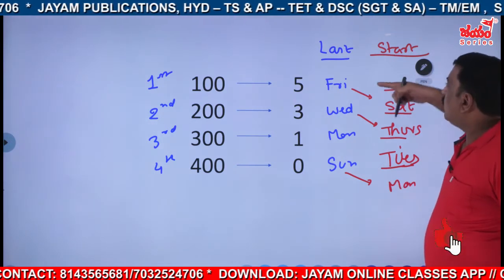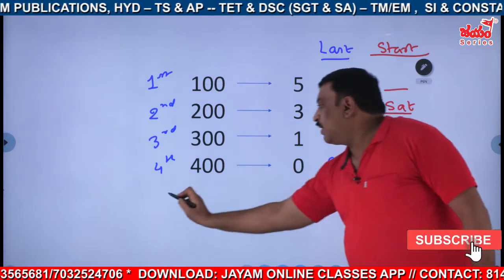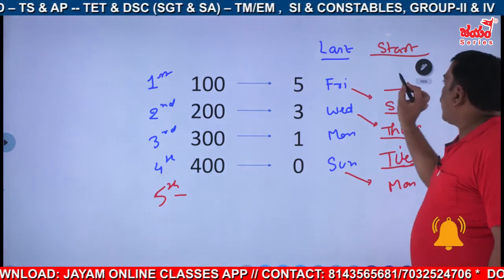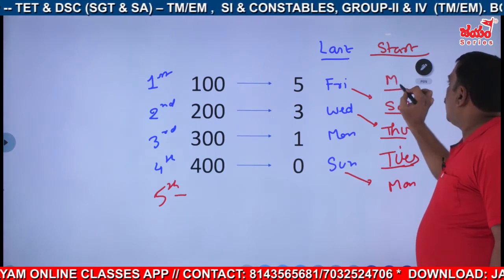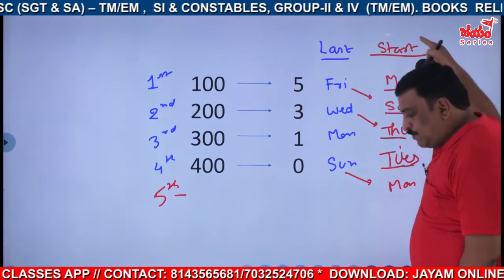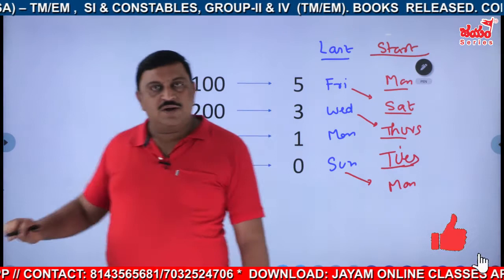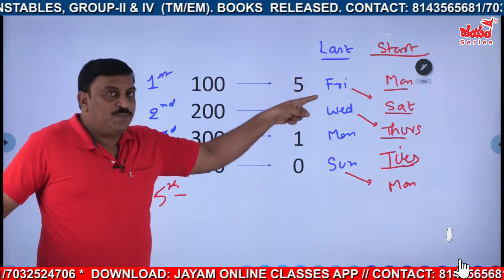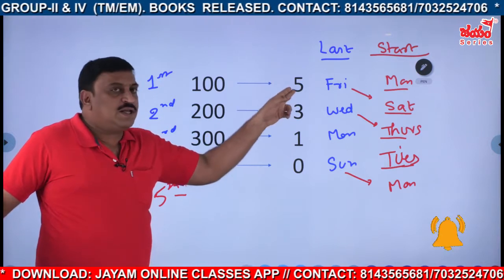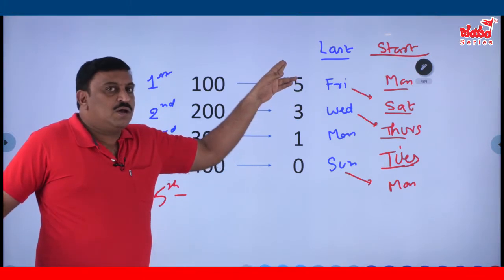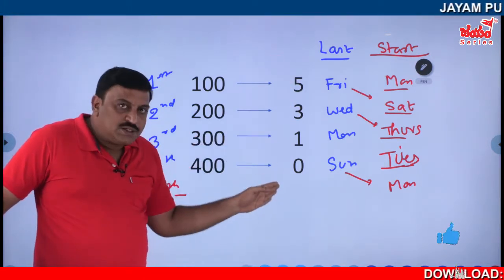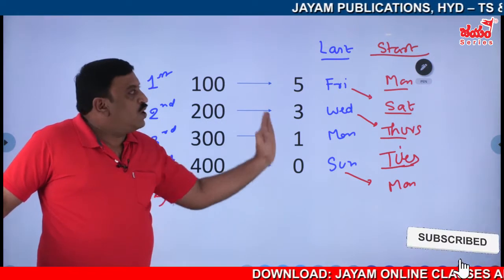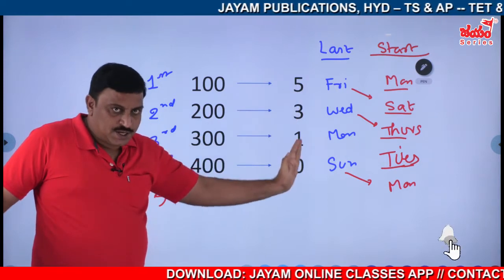But the fifth century is nothing but the first century, is it not? So I can write here, this is Monday. The first century starts with Monday. So based on the odd days remaining, we got all the last days of the centuries.